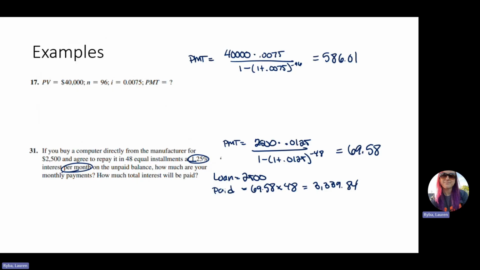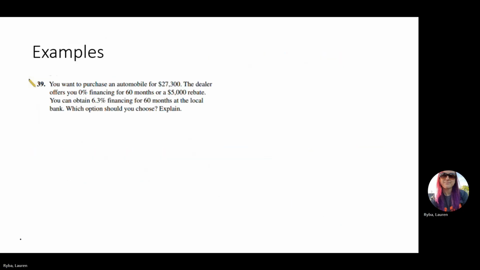So if I subtract these, I pay in interest, it's paid minus loan, $839.84 extra to do that payment plan versus buying it outright.